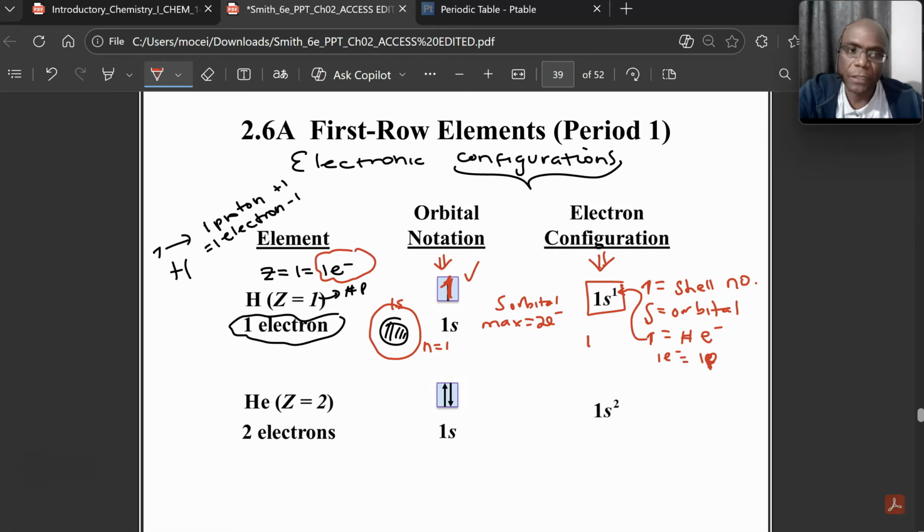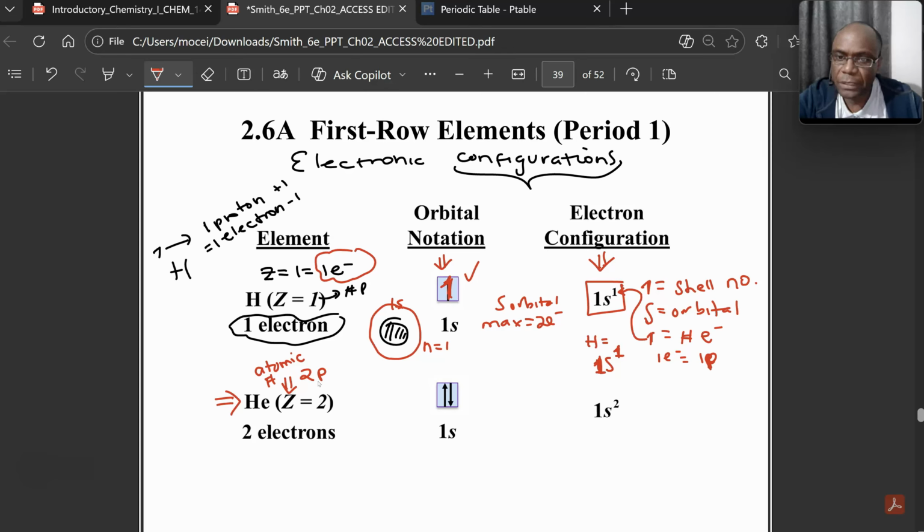Okay, so the electronic configuration of hydrogen will be 1s1, with this preceding 1 being the shell number, and this superscript 1 the number of electrons in the hydrogen atom. Now if you look at the case of helium, the next element, helium has 2 protons, so the atomic number Z is 2.